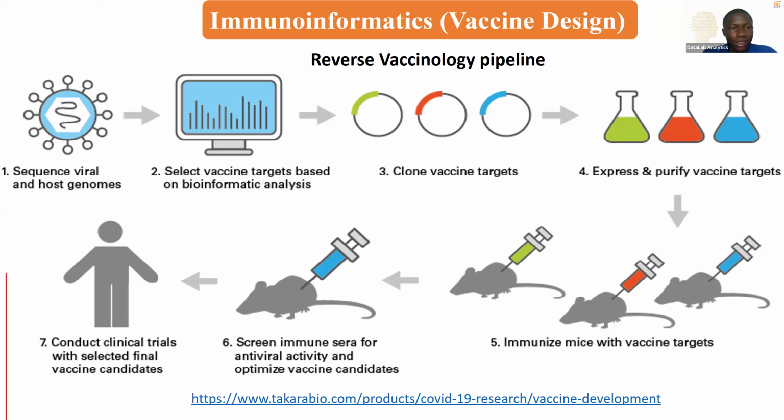I will still explain more around this in my next slide. If you are designing the vaccine molecule for infectious disease, viral, bacterial genome, any infectious disease organism, you just need to look at the sequence of the genome. You check it out in the database.